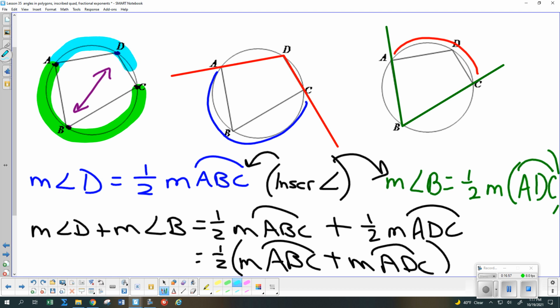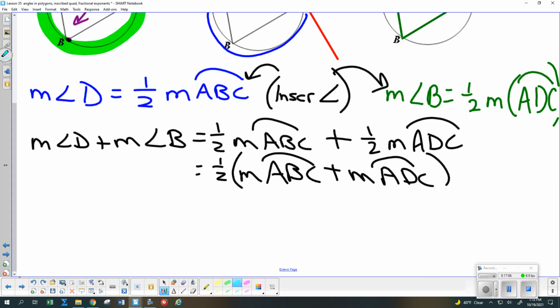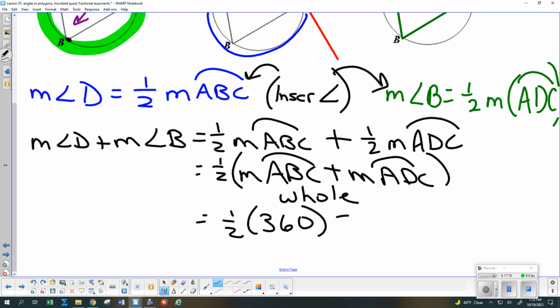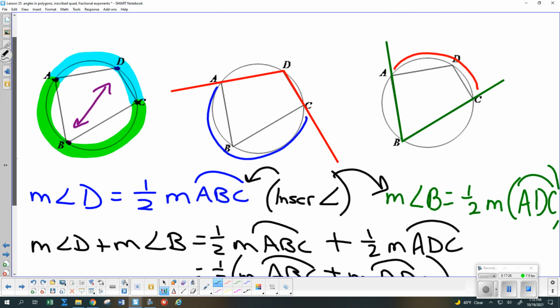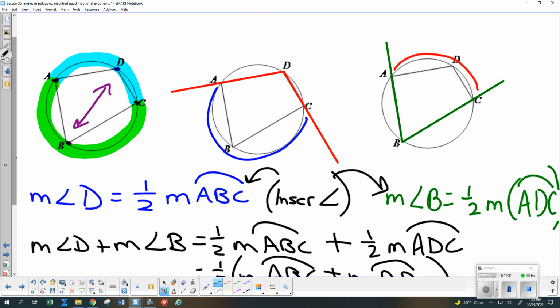So start at A, go through D, and end up at C. So when I put those two together, what do I have? I have the whole circle, so 360 degrees, right? So that means when I took those opposite angles, I got the 1/2 times the whole circle. So 1/2 times 360. Or 180 degrees. We took opposite angles of an inscribed quadrilateral, added them together, and we had to get 180 degrees.